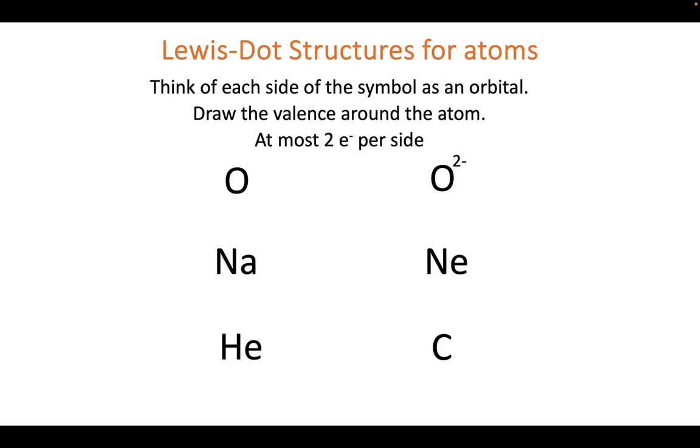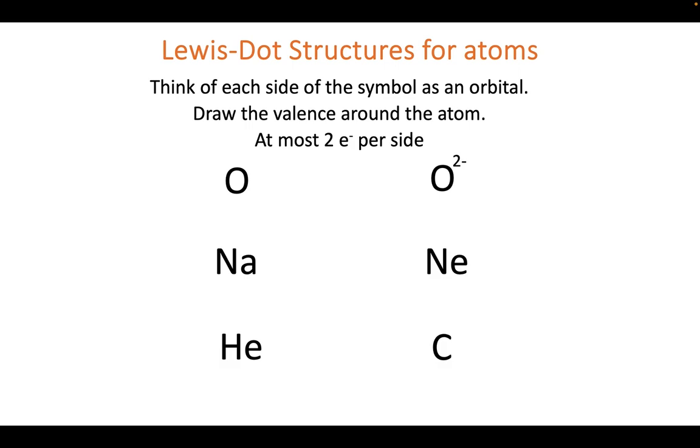And all you have to do is basically think of the atom almost like it has a square around it. Each little symbol, like here's oxygen, just think of each of the 4 sides around it, almost like a tile on the periodic table. And you're just going to place its valence electrons around it.